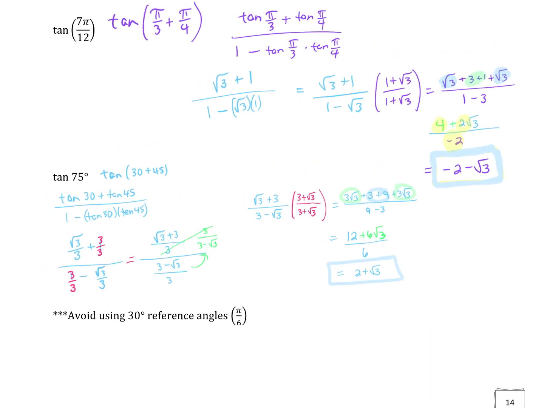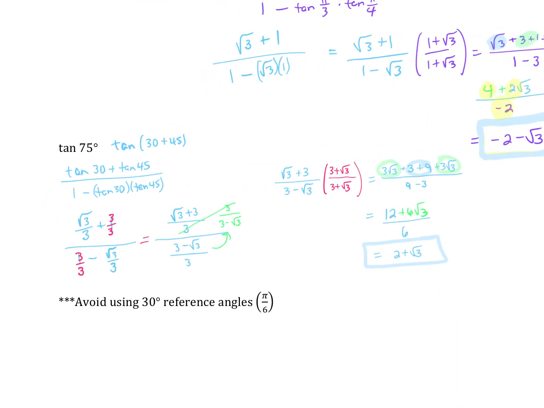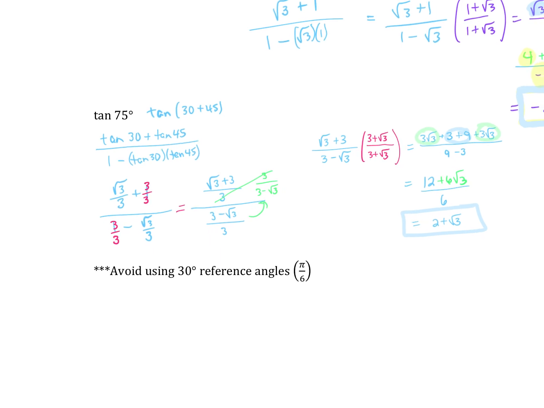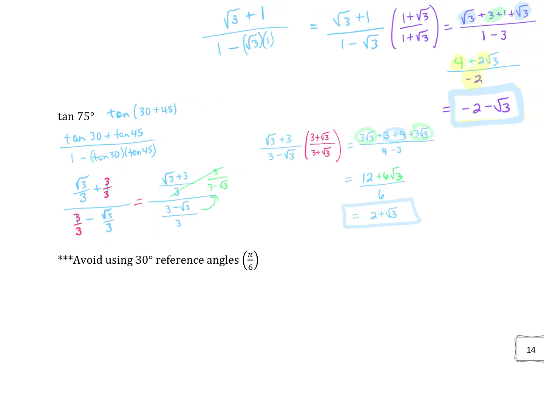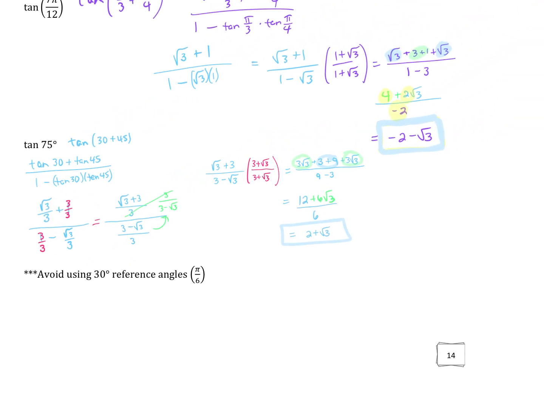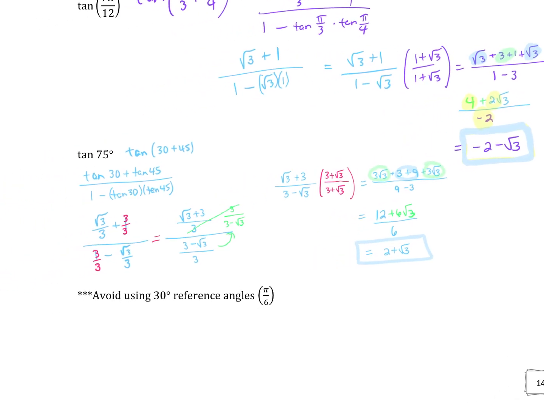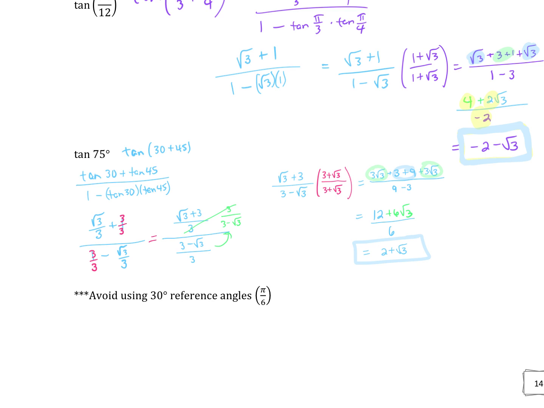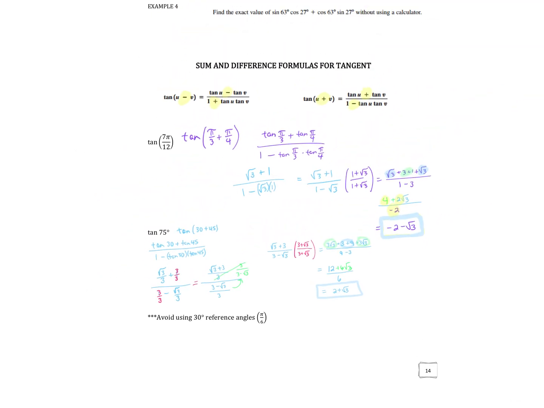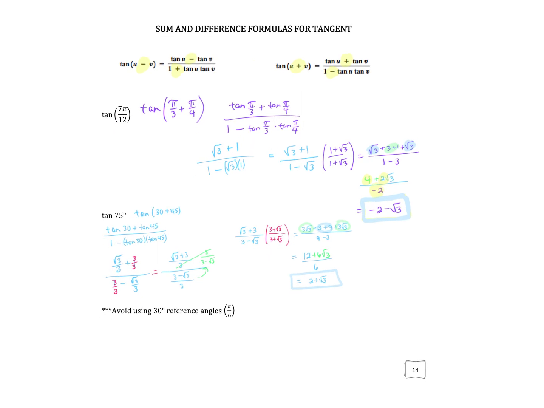All right, so it's not terrible, but having to deal with that 30-degree reference angle was definitely more involved, a lot more work than the original problem, right? So that's why, if you can, you want to try to avoid that 30-degree reference angle or the pi over 6s. In some instances, you just can't, and you're going to have to deal with it. But in other instances, use different values so that you can avoid that. Okay?